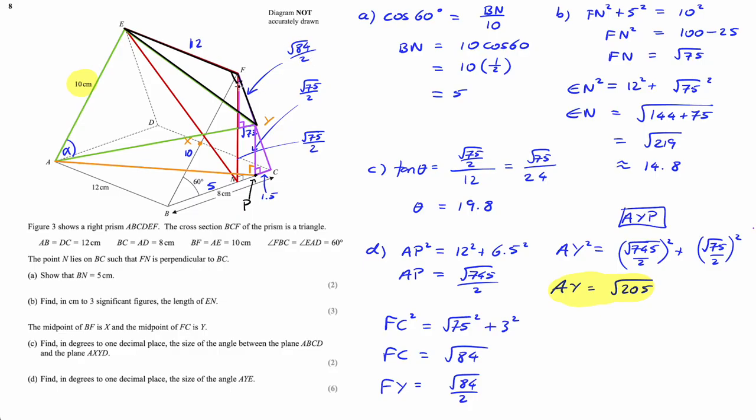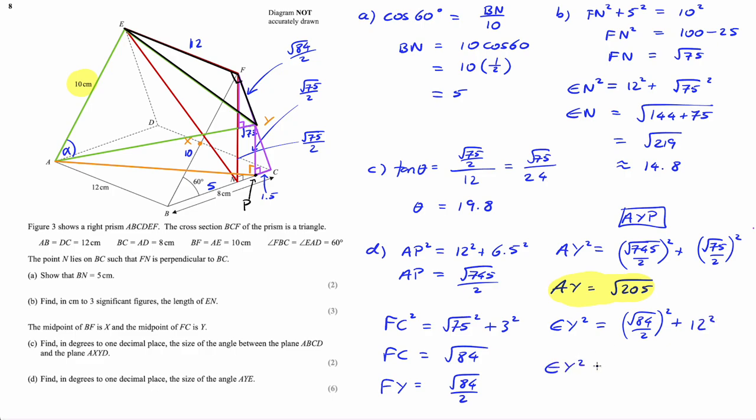And because it's a right angle, I can get EY. So EY squared equals root 84 over 2 squared plus 12 squared.